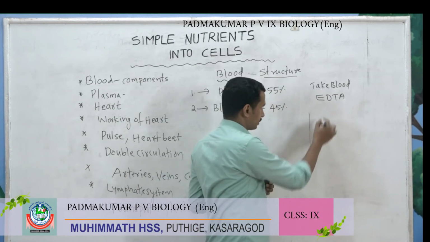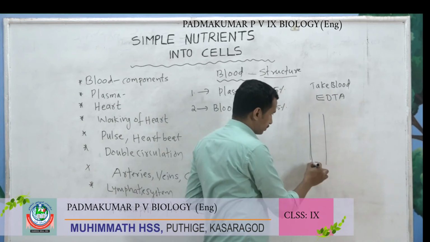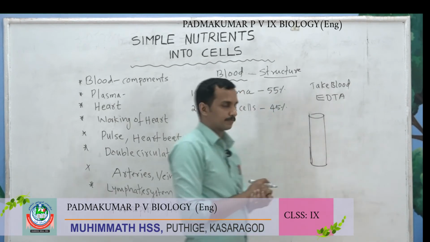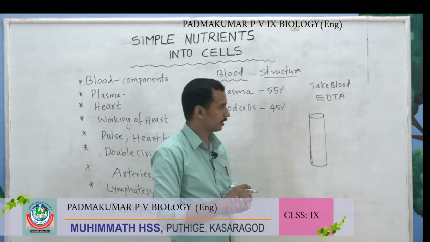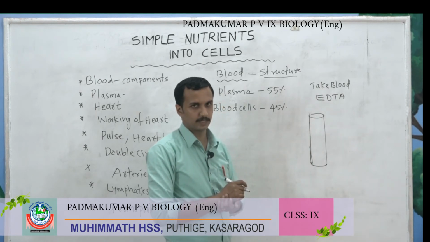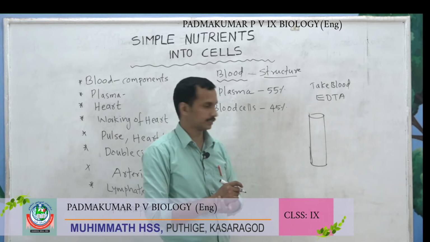First you have to take a clean test tube. Then the blood sample is there. Then what you have to do? You have to add EDTA, ethylene diamine tetraacetic acid. It is a chemical.